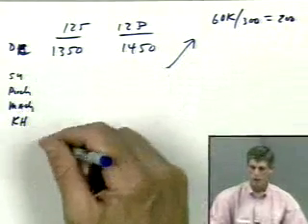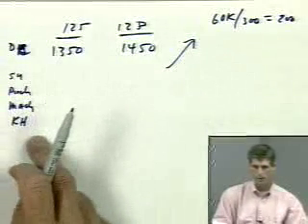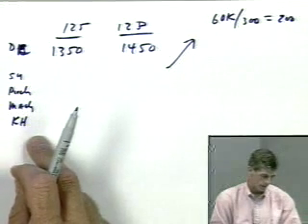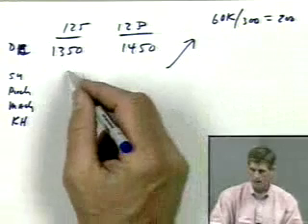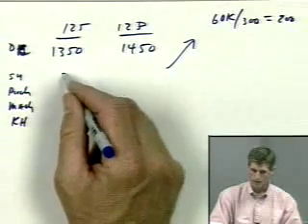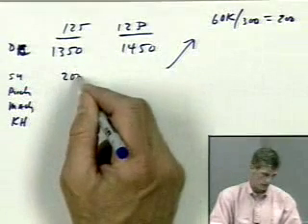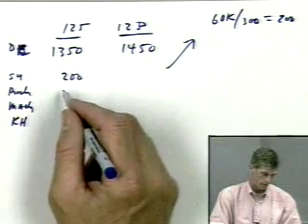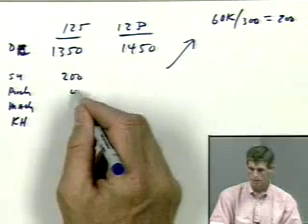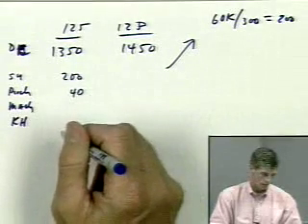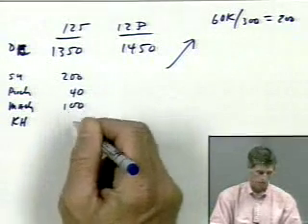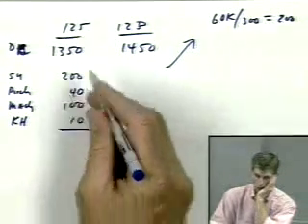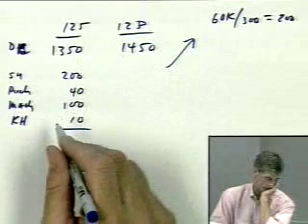And we do that for the other three of these particular cost drivers. And what we end up with is that since we have one setup, the setup cost of 128 is 200. There are 4 purchase orders. Each one costs $10, so that's 40. Machine hours turn out to be 100, and kilowatt hours turn out to be 10. So we add all this up, and we get 17.